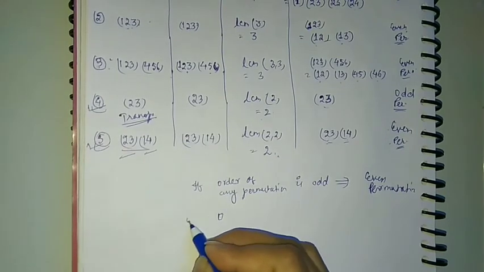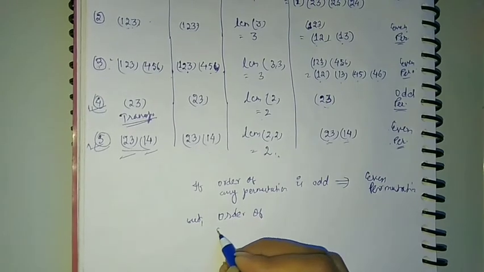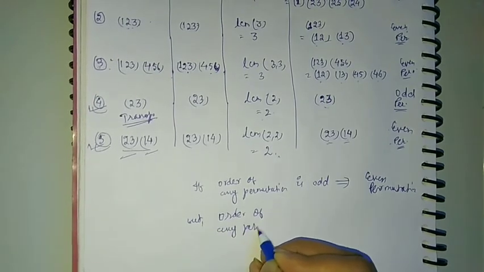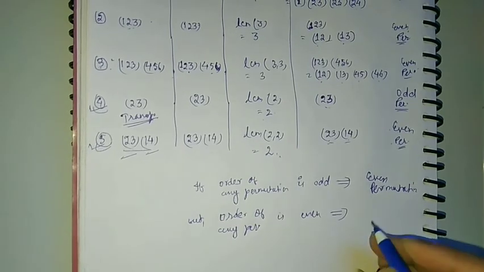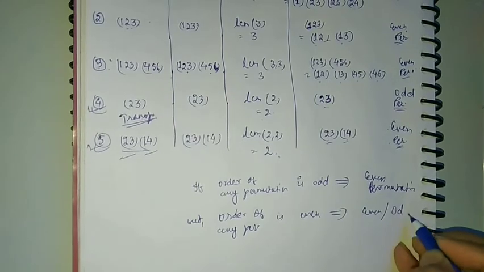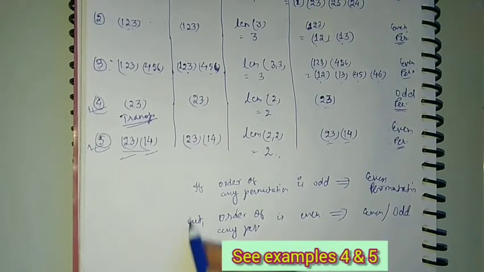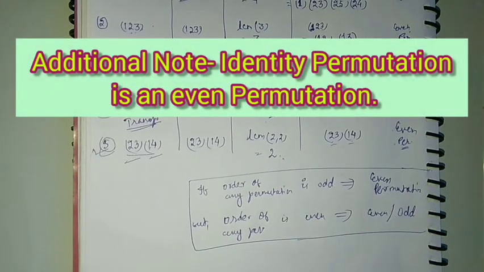But if the order of any permutation is even, then it can be either even or odd. So this is a note here, we have to remember always.